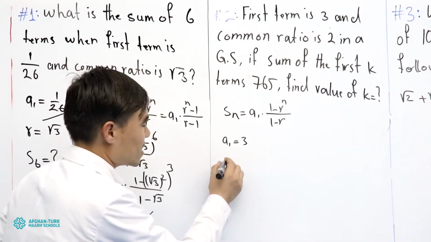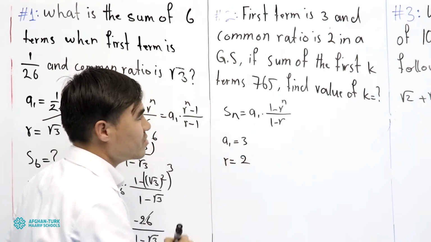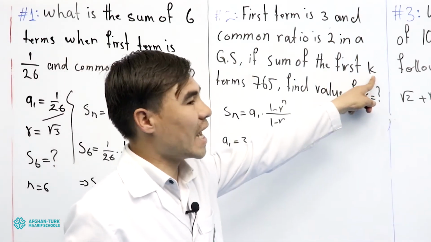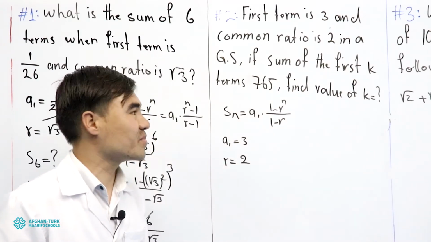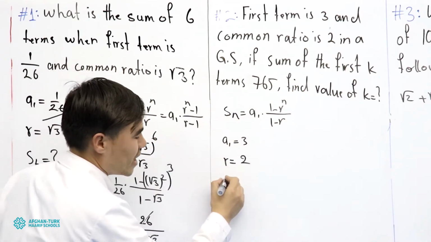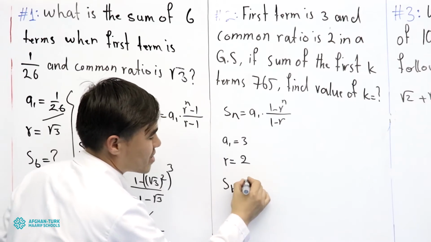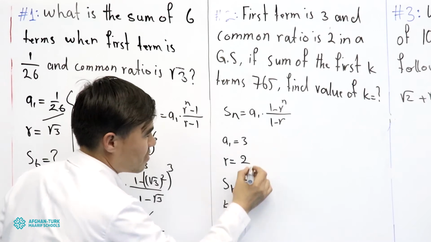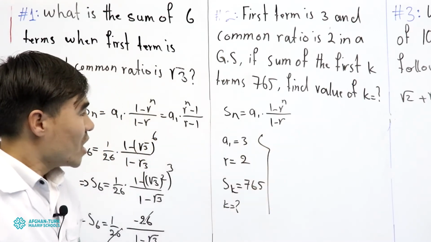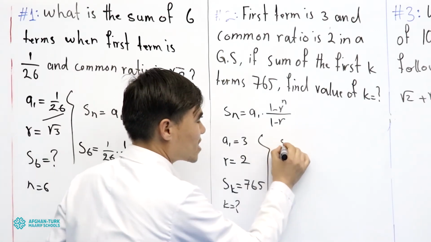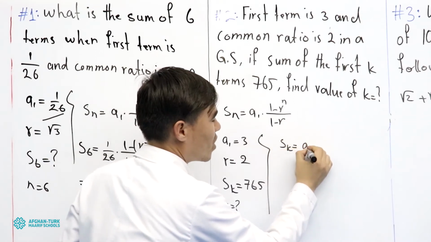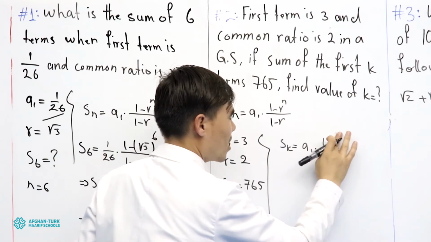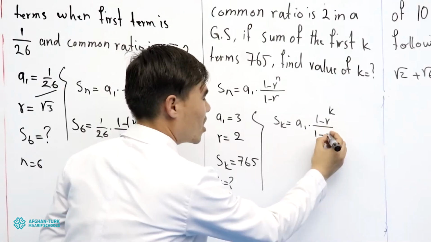The common ratio is also clear: 2. And how can we find the value of k according to the given details? Sk is equal to 765, and the value of k must be found. Sk is equal to a1 times (1 minus r to the power of k) over 1 minus r.